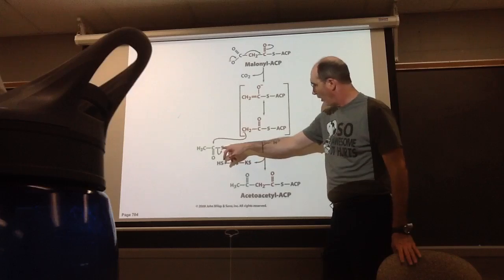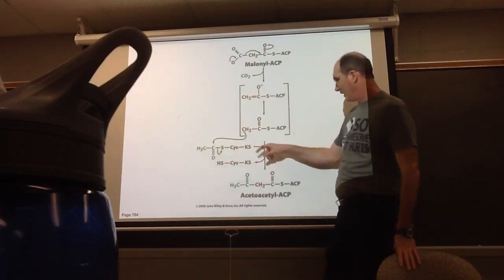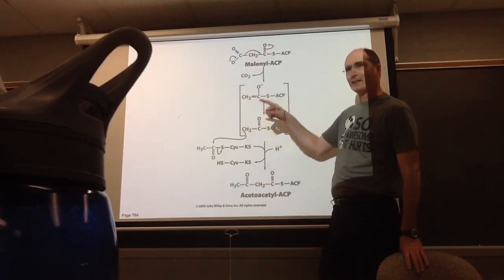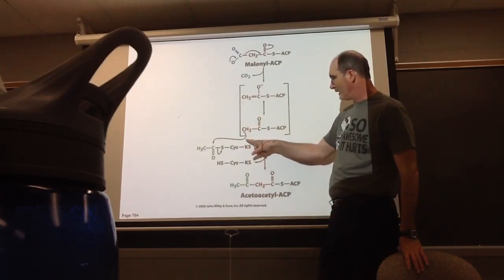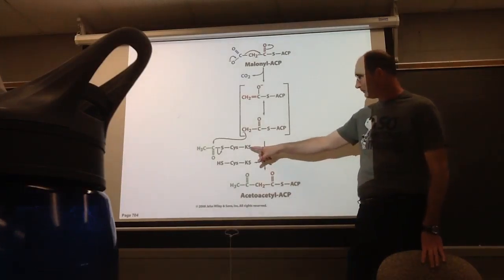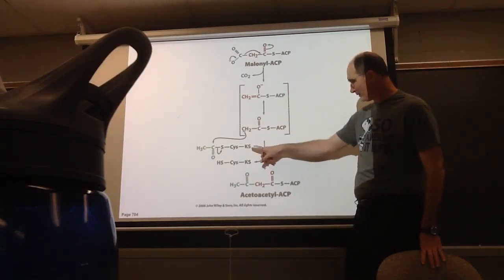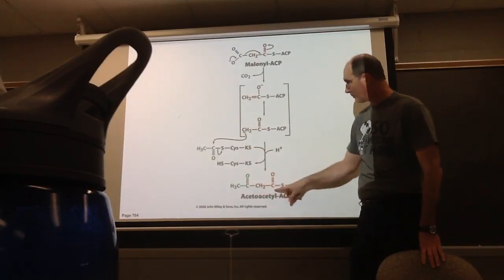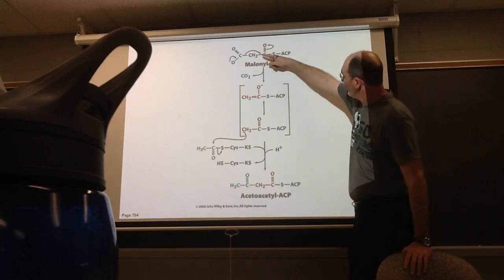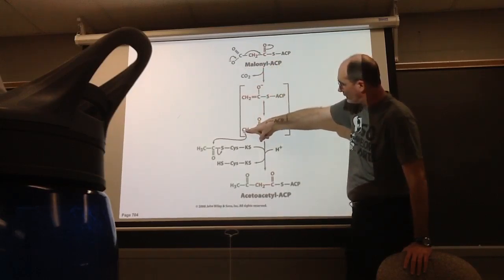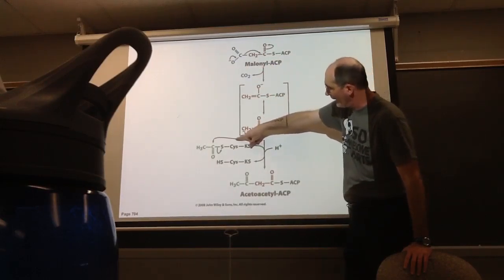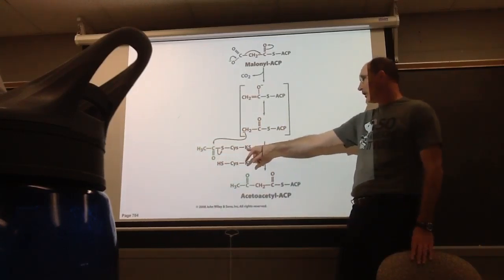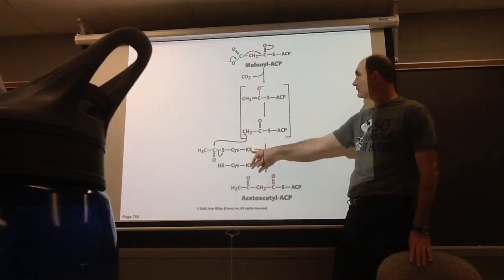on another cysteine of the fatty acid synthase complex, there's the keto-acyl-CoA synthase, right? So we're going to create a keto-acyl group. When this decarboxylates, it creates a carbanion. That carbanion can attack the carbonyl of the acyl group on the keto-acyl synthase.